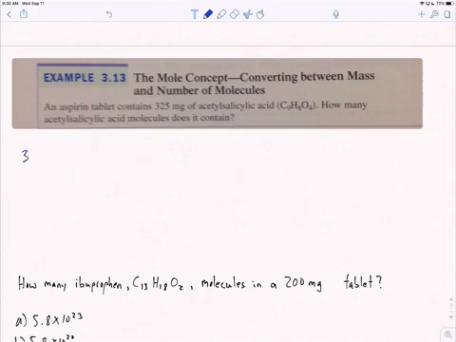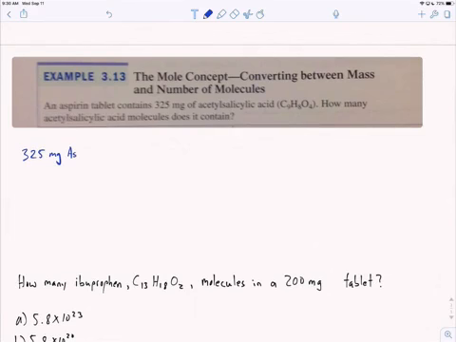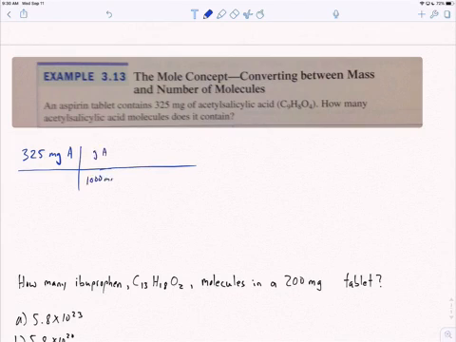So we have 325 milligrams aspirin, it's not arsenic, it's aspirin. Then there is a gram of aspirin to 1,000 milligrams of aspirin.